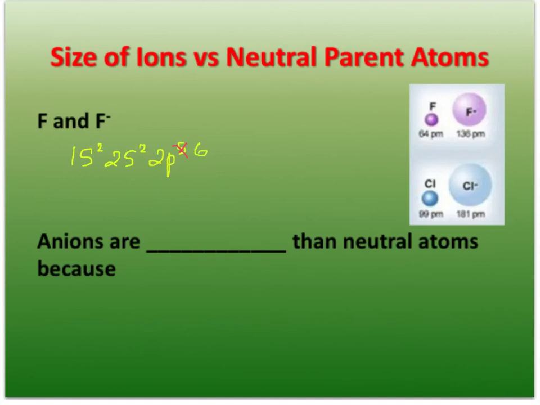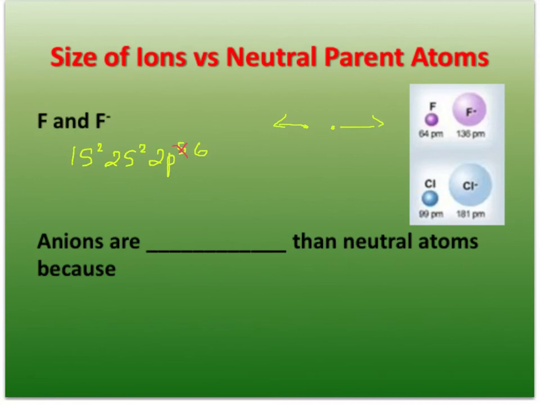So we have not lost an energy level. What we've done is add an electron to the same energy level. Remember, when we add electrons in close proximity, they tend to repel each other. They're not going to attract, but they want to move away from each other. So that's going to increase the size.